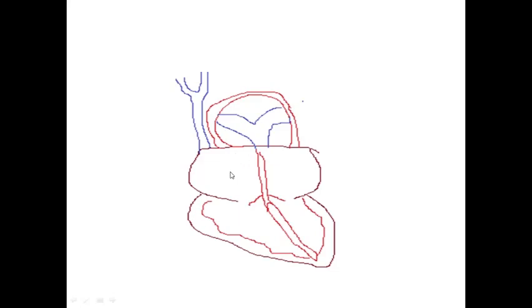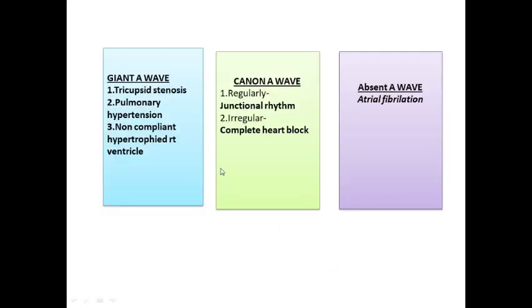When there is a problem in the valve, when the valve cannot open fully, the atrium produces more pressure. So tricuspid stenosis, pulmonary hypertension, or a non-compliant hypertrophied right ventricle produces a giant wave.